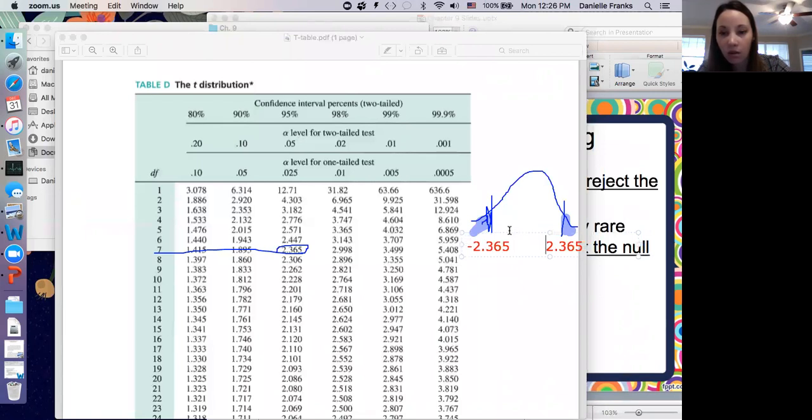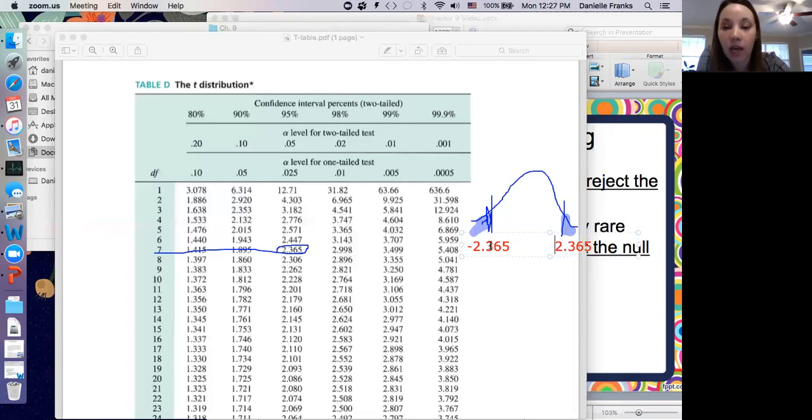So at positive 2.365 and negative 2.365, that begins our rejection region. So if we get a sample mean that is bigger than 2.365 and over, we're going to reject the null hypothesis.